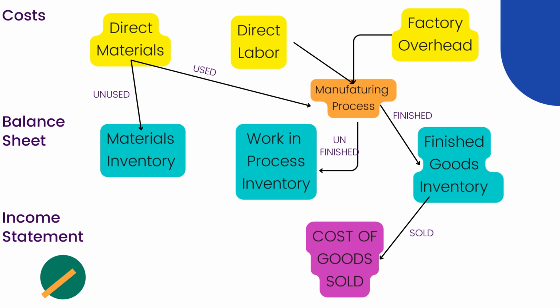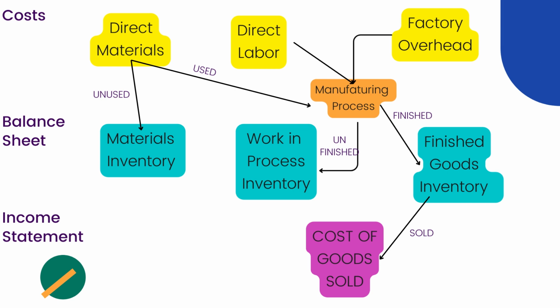On the balance sheet, typically in a service or merchandising company, your inventory is just one account that says inventory. But for a manufacturing company, you have three accounts: materials inventory, work in process inventory, and finished goods inventory. We just broke down how and where the three different costs from your manufacturing business show up on the actual balance sheet.